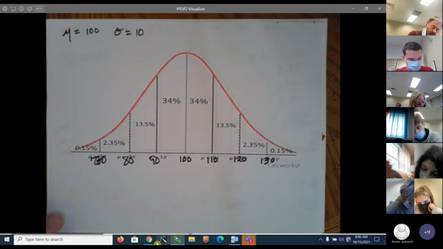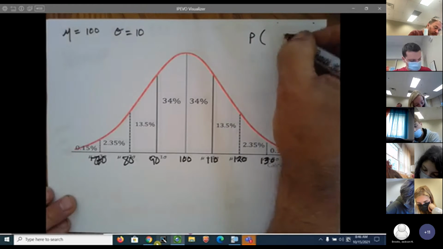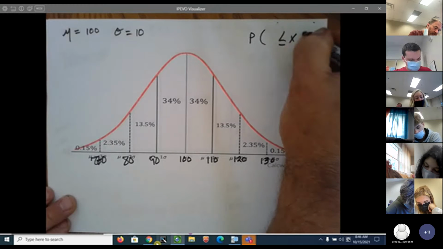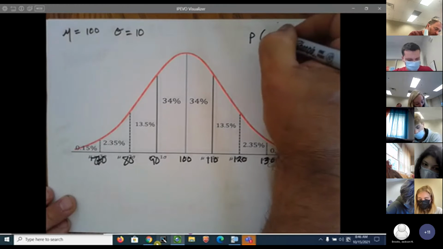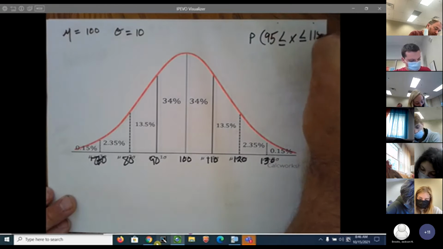And they want to know, what is the probability of X being between 95 and 115?